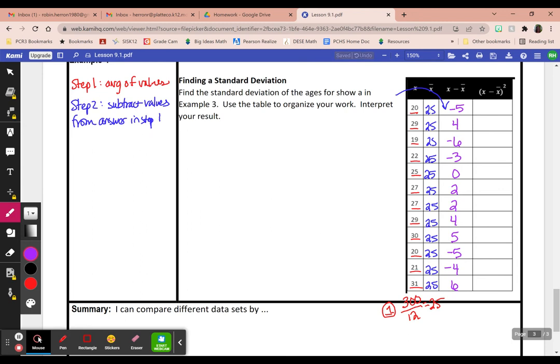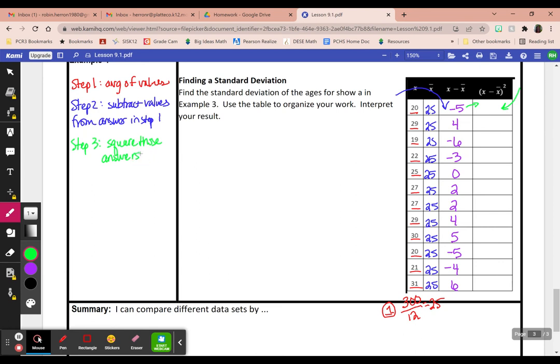Now, step 3 is going to be squaring those numbers to go here. So this would square them all. So step 3, square those answers.